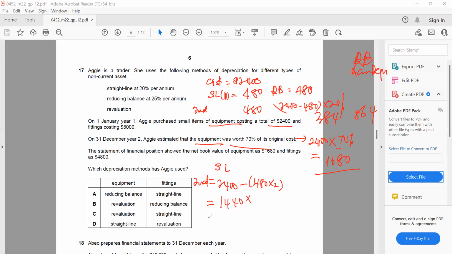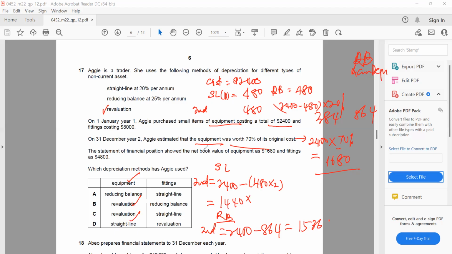If I use the reducing balance, second year, I will get 2,400 minus 864, which is 1,536. So in this case, these two also I cannot get this amount. That means this should be using revaluation method. For the 17th, possible for equipment is revaluation. So these two possible answer.